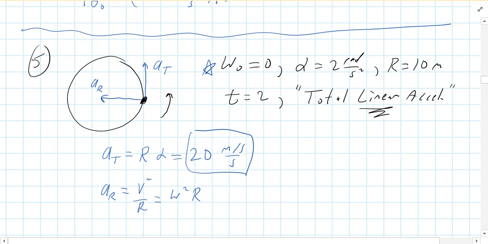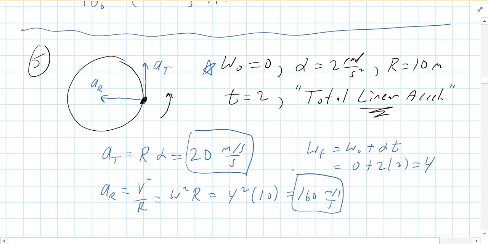This is a constant angular acceleration question, so I can just use omega final equals omega naught plus alpha t, and this would be 0 plus 2 times t, which is 2, so this would be 4. So omega final is 4. So this becomes 4 squared times the radius, which gives you 160 meters per second squared.